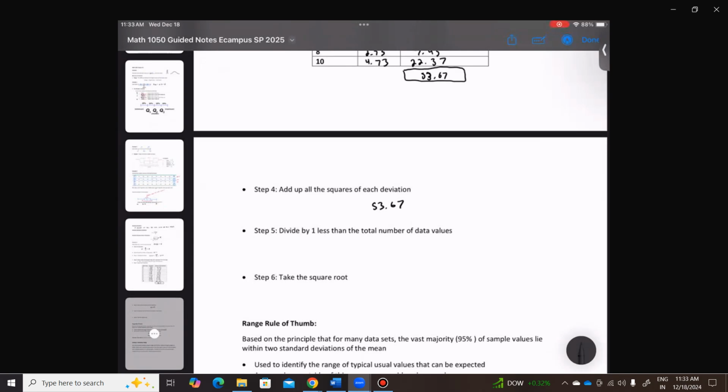So we divide this by 10. So your standard deviation squared, what is called your variance, is the 53.67 over 10, which is about 5.37.